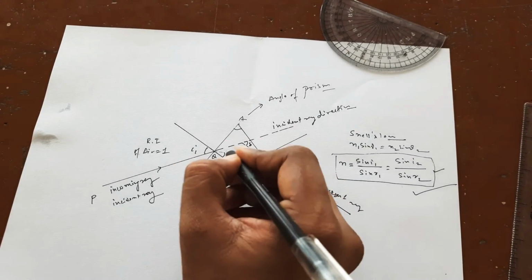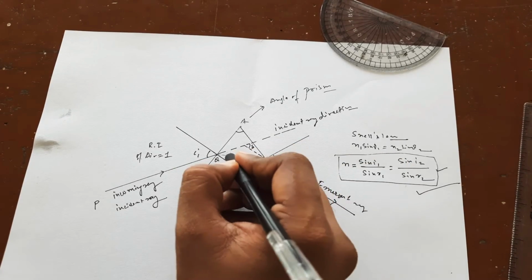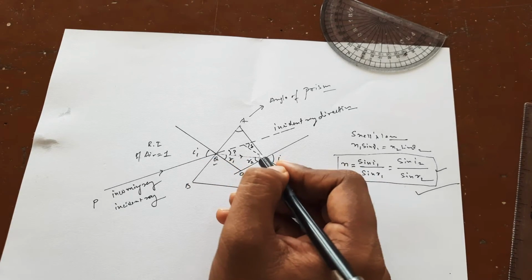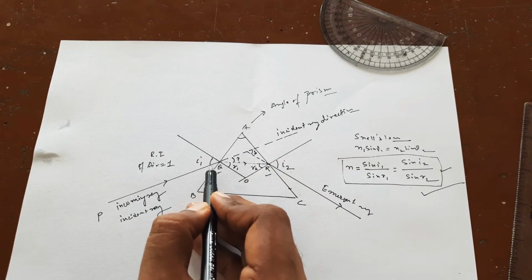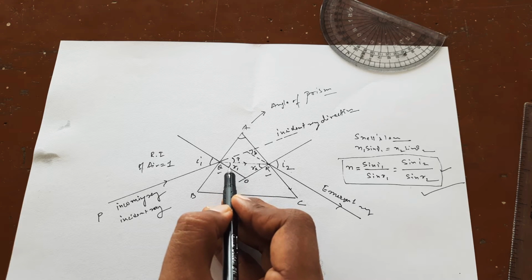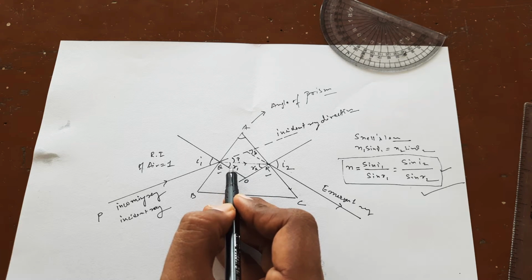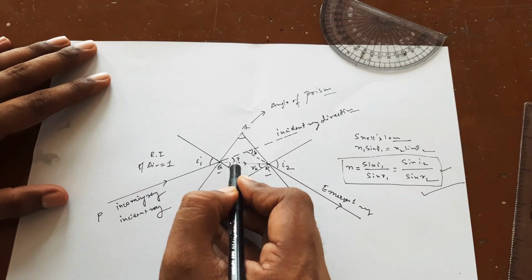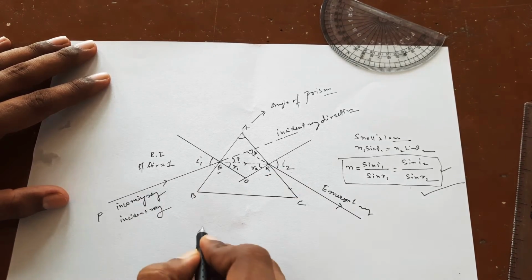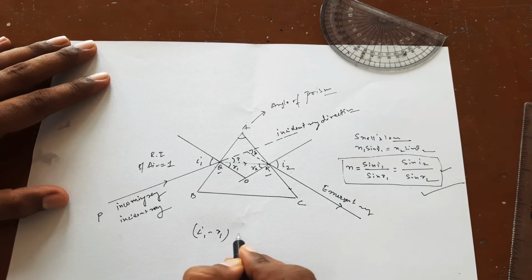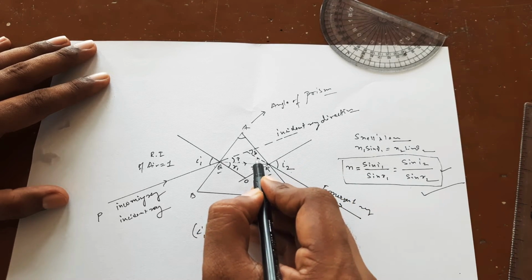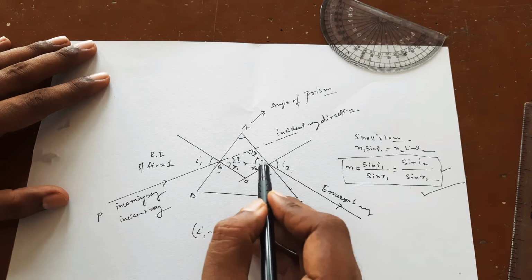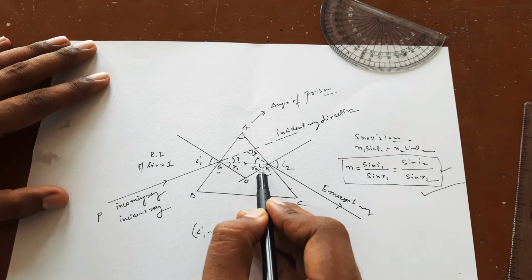Now see here, what is this angle actually? What is this angle? If this one is I1, this whole angle will also be I1 because they are vertically opposite to each other. So if this whole angle is I1, this one will be equal to I1 minus R1. Similarly, if this is I2, the whole angle will be I2, but out of I2, this one angle is R2.